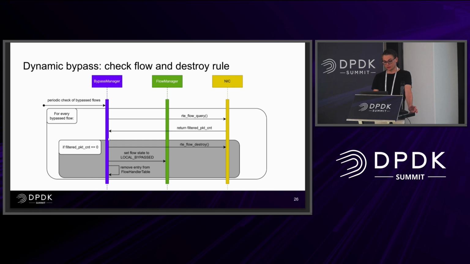Then the bypass manager decides: if the packet count was 0, the flow was inactive, so we destroy the rule so it doesn't take space in the card. We set the flow state to local bypass, so Suricata can handle the bypass by itself, or then delete the flow from the table, or do the appropriate actions. And then we remove the entry from the flow handler table and repeat this for every bypassed flow.